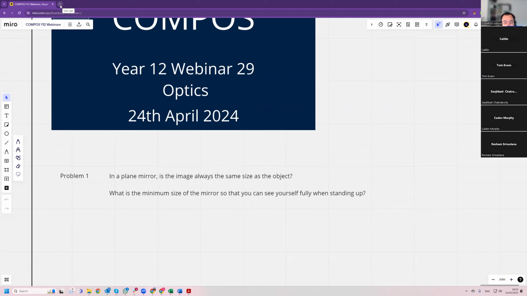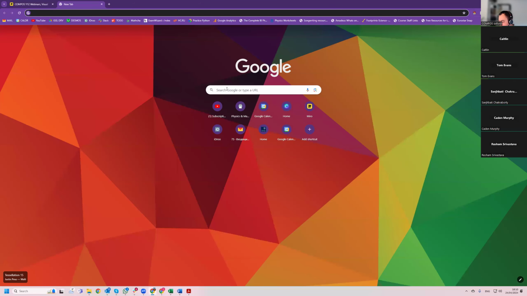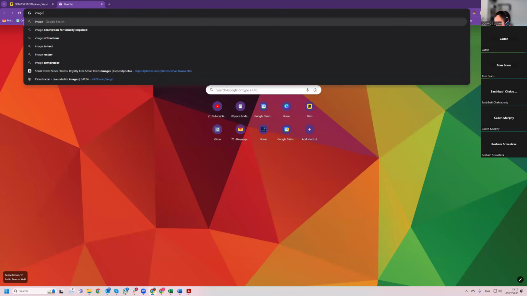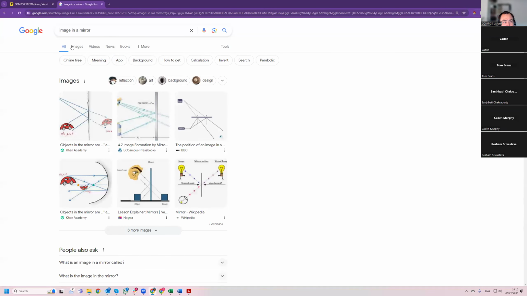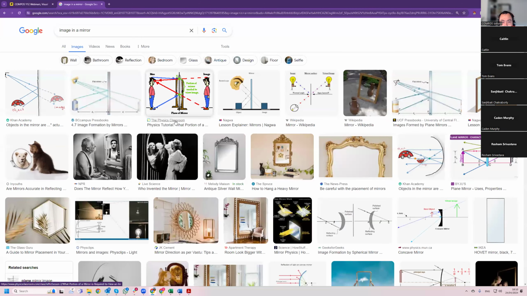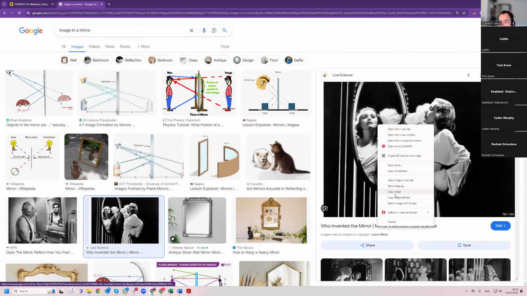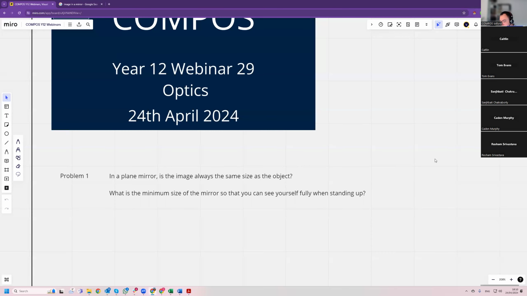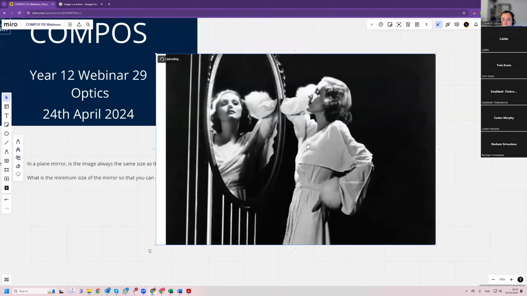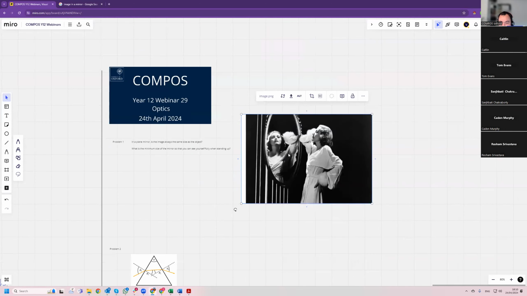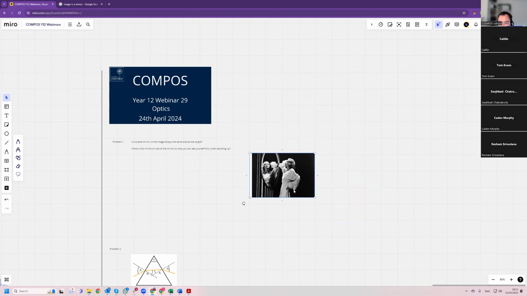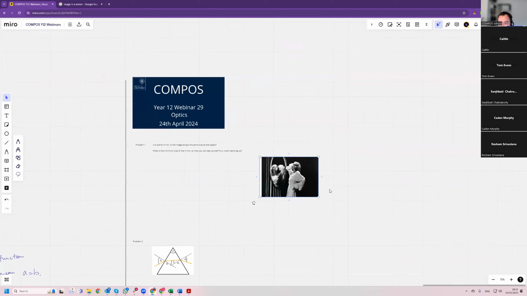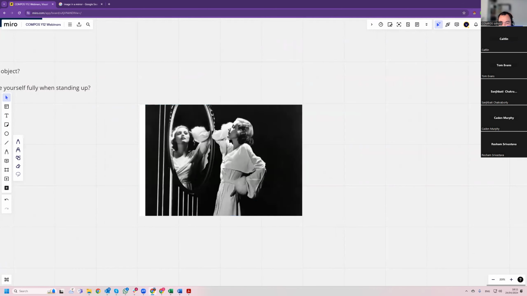So clearly you can see that in this mirror, the image is exactly the same size as the object, as the person being reflected, right?